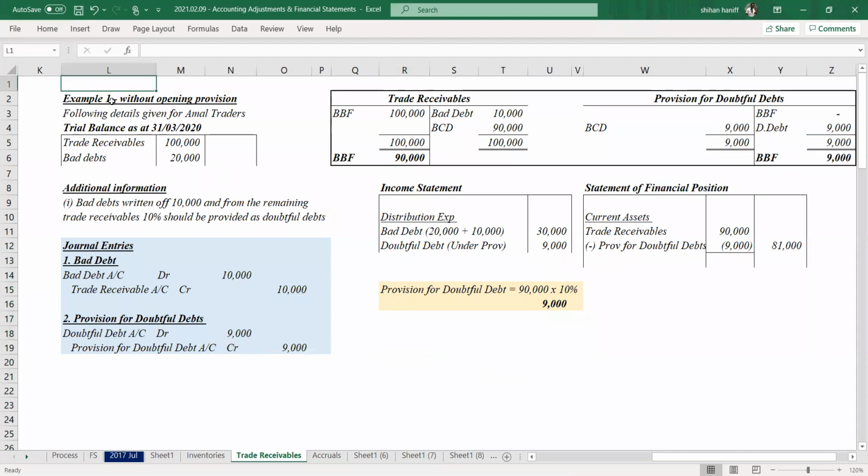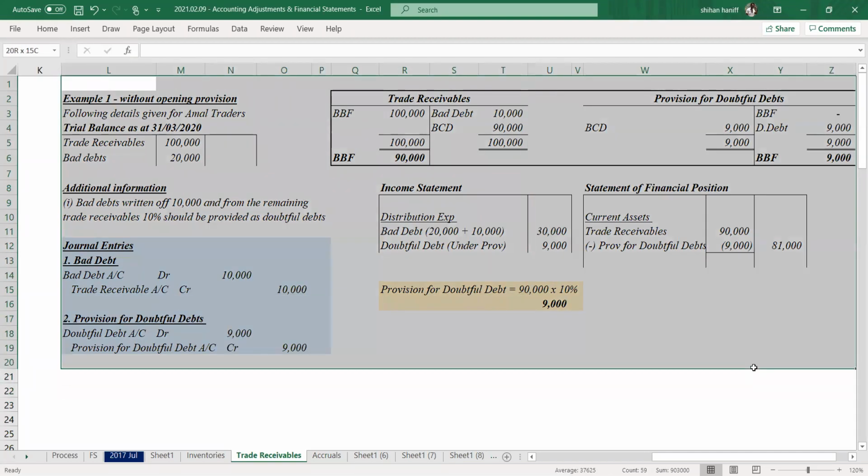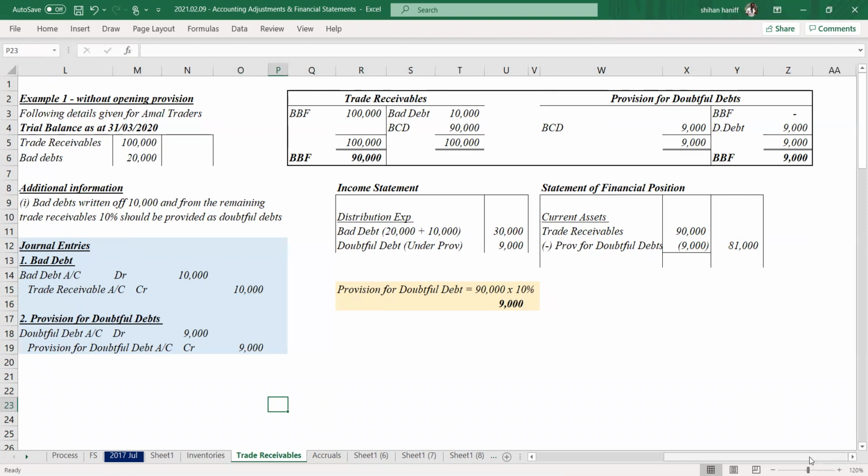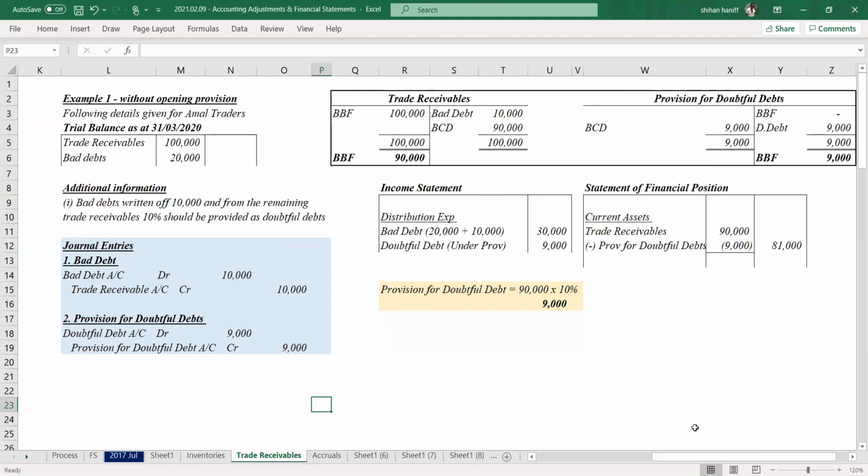So example one is complete. Example one is without the opening provision.